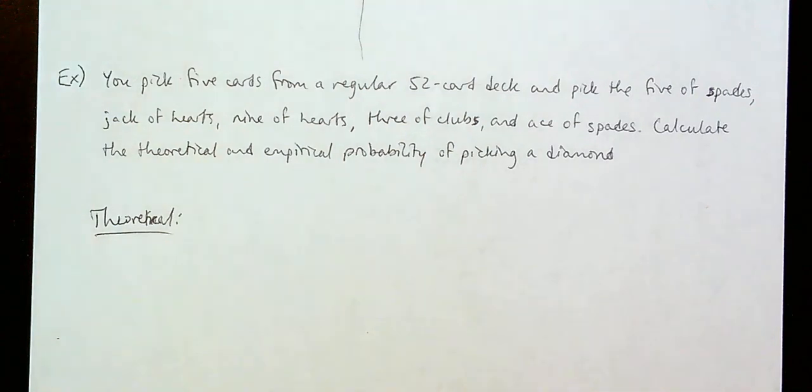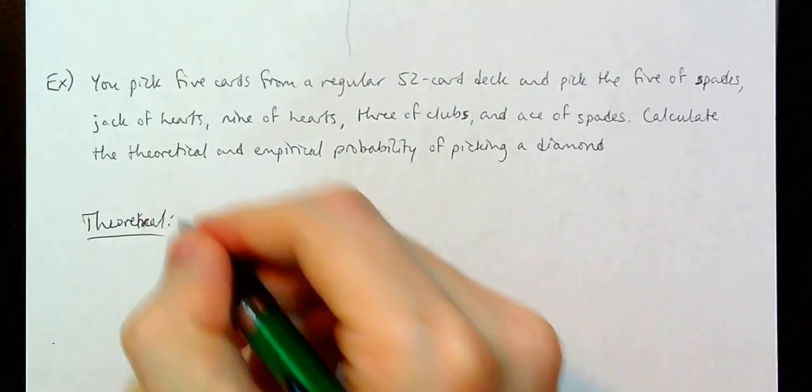The theoretical probability of us picking a card that is a diamond would be the number of outcomes in the event, that is to say the number of cards that are diamonds, divided by the number of possible outcomes in the entire sample space, that is the number of cards there are in the deck.